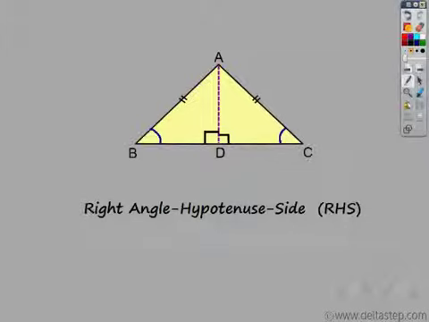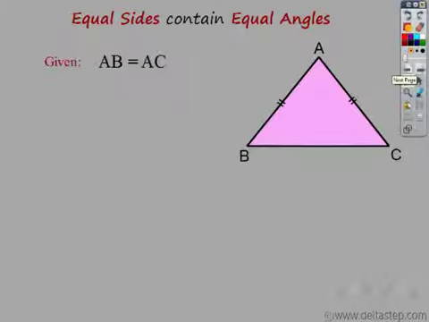Now look at triangle ABC, which has two equal sides, AB and AC, and two equal angles, angle B equal to angle C. It's not only for this triangle, but in general, whenever you have two equal sides in a triangle, two angles will also be equal. Let us try to prove this. Equal sides contain equal angles.